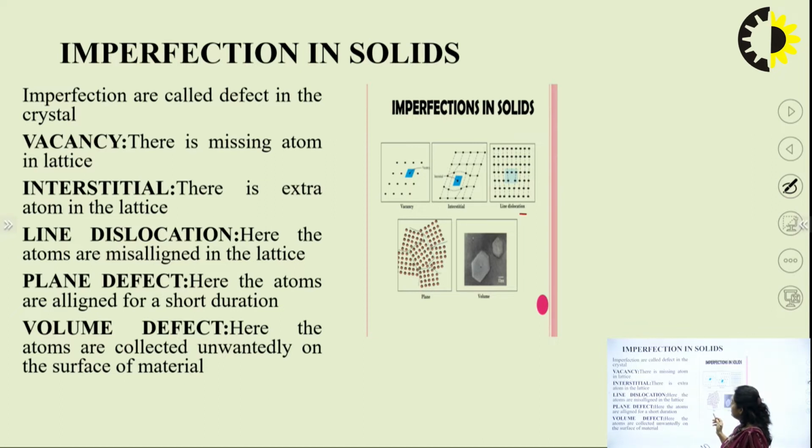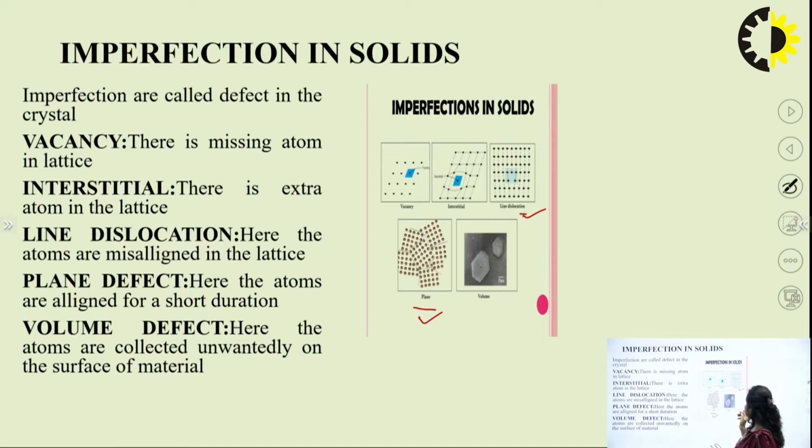The fourth one is the plane dislocation, where the lattice or crystal structure has been divided into different planes, and all the planes have a regular arrangement of atoms. This type of imperfection in solids is called plane defect. The line dislocation is different.